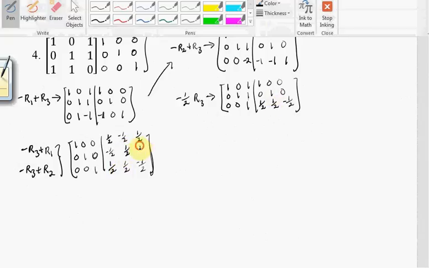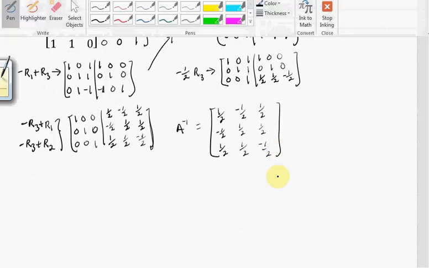And then this gives us positive 1/2. So A inverse is the 1/2, negative 1/2, 1/2, negative 1/2, 1/2, 1/2, 1/2, 1/2, and negative 1/2. Matrix of 1/2s. So let's see if that's true.